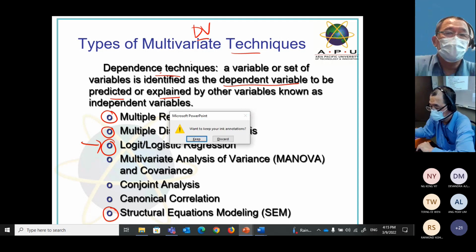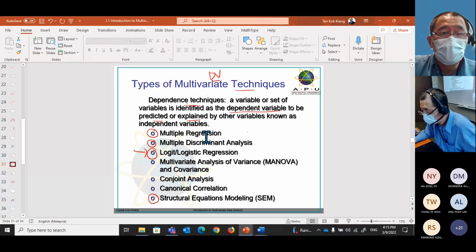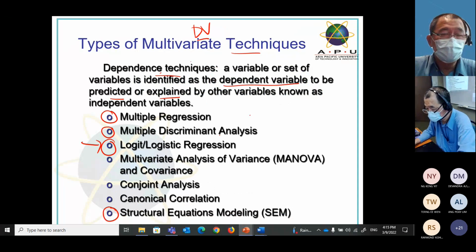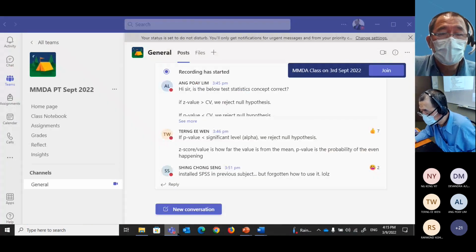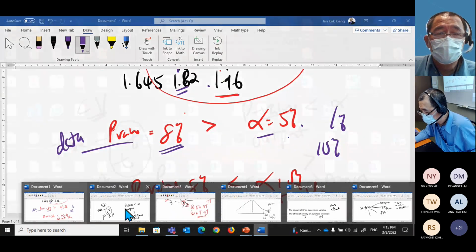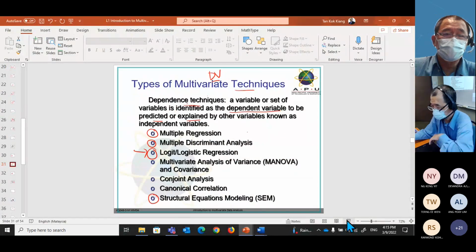Of course we will also see these two later, the multiple regression and also the logistic. If no question, now we see next.